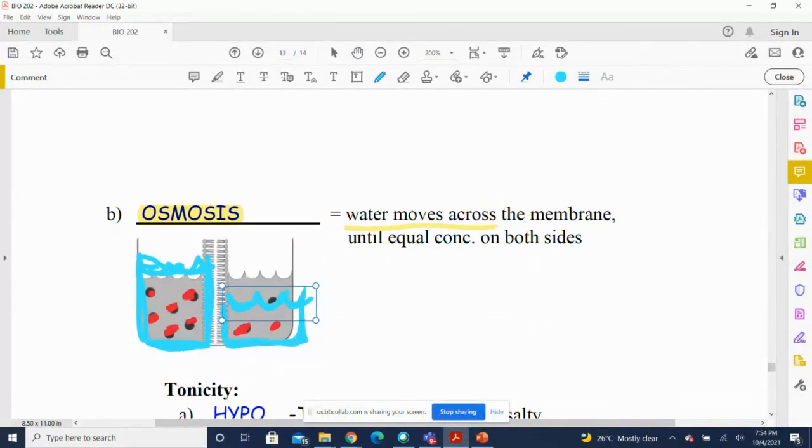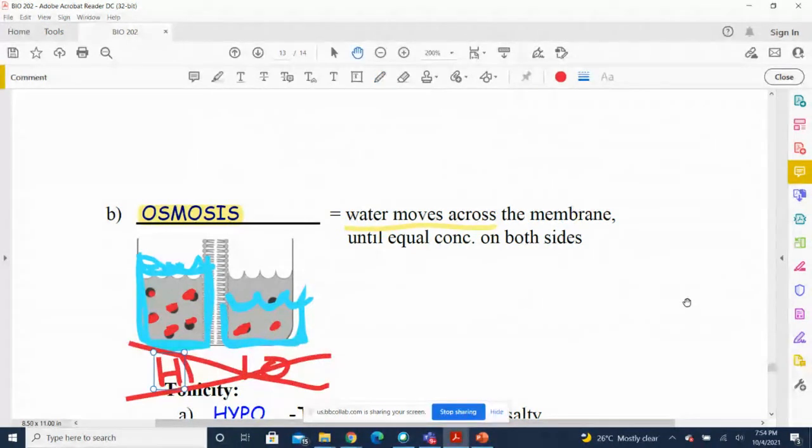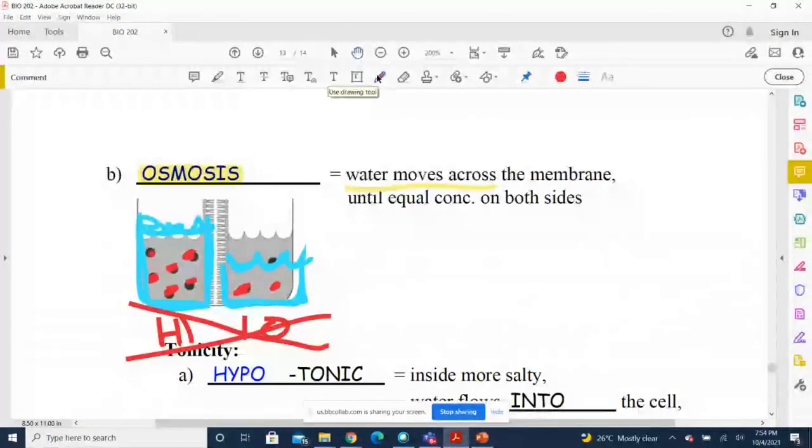Again, a passive type of transportation. We don't invest any energy, and we go from having a high and low side to having equal concentration on both sides. So at the end, there is no longer such a thing as high and low sides. Again, we are working towards that equilibrium.